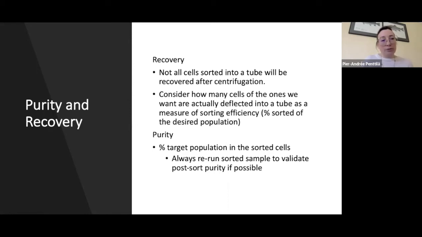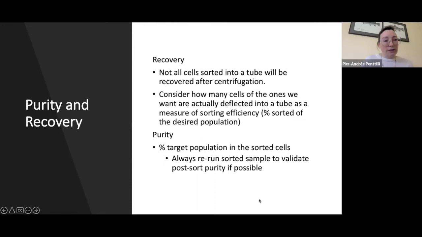So in terms of recovery, not all the cells sorted into a tube will be recovered after you spin them down. And we need to consider how many of the cells of the ones we want are actually deflected into a tube as a measure of the sorting efficiency, or in this case, the % sorted of the desired population.